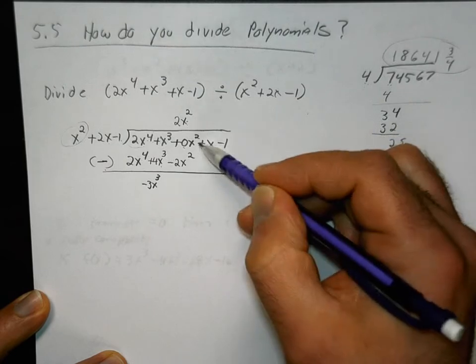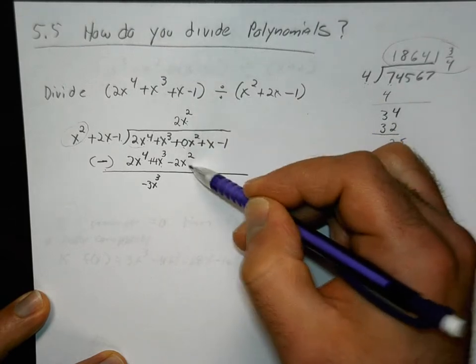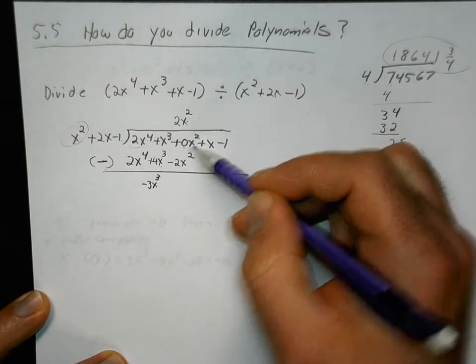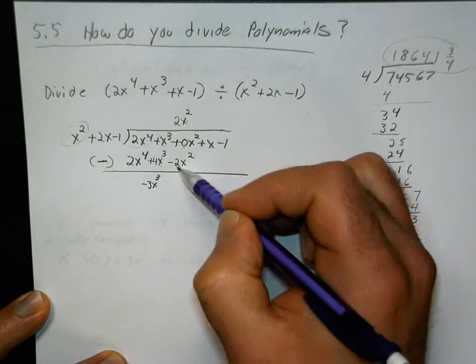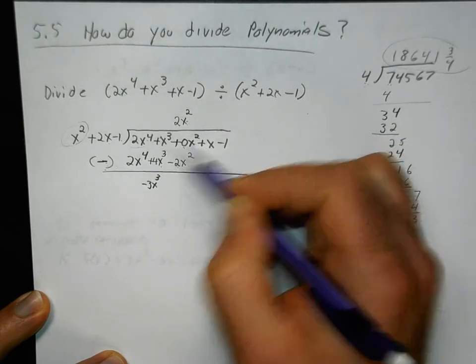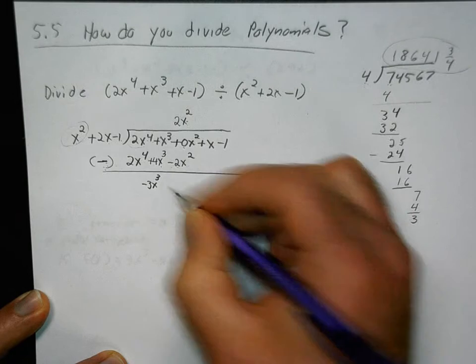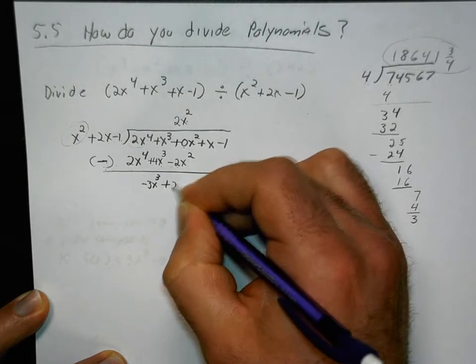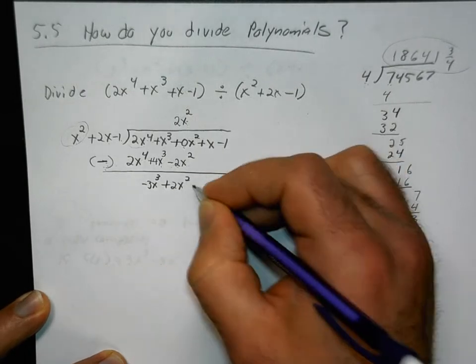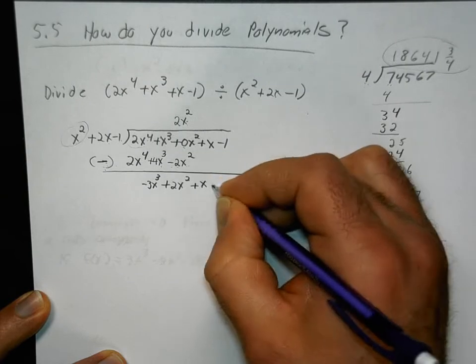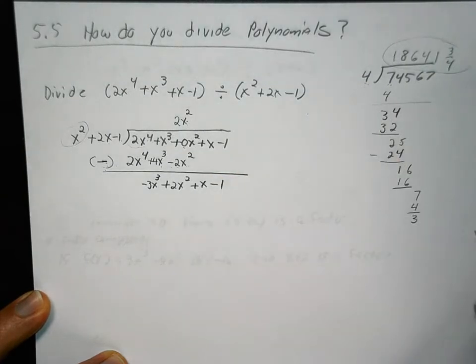Okay. Now this is why I put that 0x squared, because I'm going to have an x squared now. So minus a negative turns into a plus though. So I got 0x squared minus negative 2x squared is going to be a positive 2x squared. And then I can bring down the other two terms there, x minus 1.